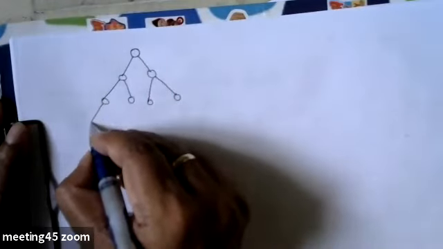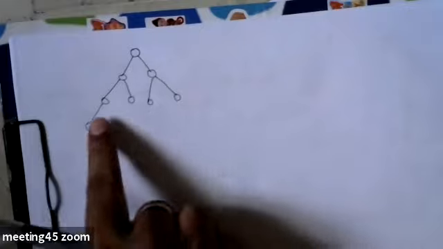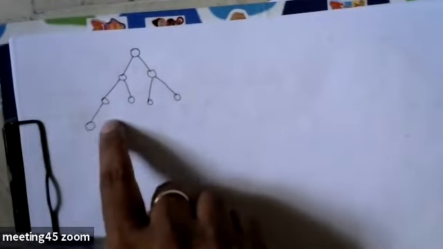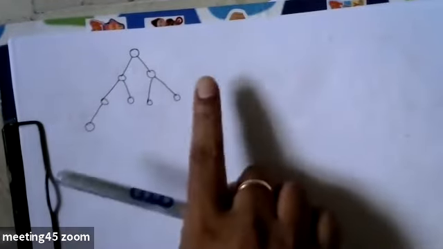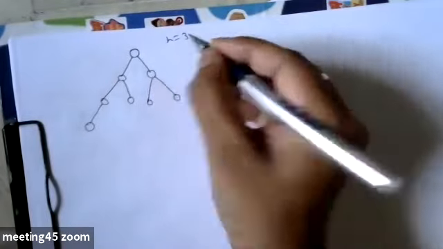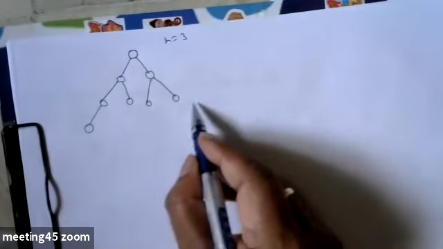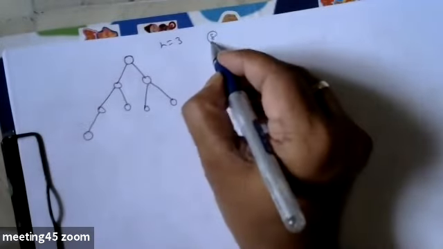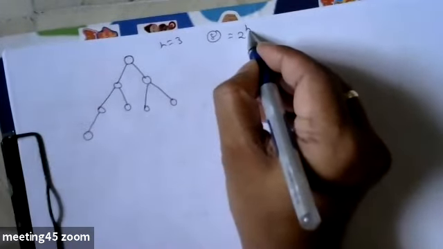If 1 is added, then it will be 3 height. Then only it will be a minimum almost complete binary tree. If here it is there, here it is not there, then also it is not. So in this scenario the height is 3. In this height 3, how many nodes are present? This is 7 plus 1, 8. 8 means 2 to the power h.